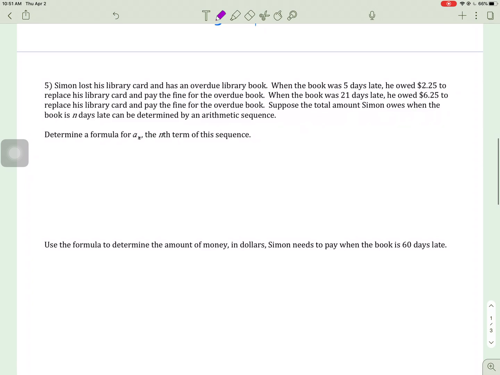Last one. Simon lost his library card and has an overdue library book. When the book was 5 days late, he owed $2.25, and when his book was 21 days late, he owed $6.25. Okay, so it says determine a formula for the nth term in the sequence. Well, let's see. So a sub 5 was 2.25, and a sub 21 all the way down here was 6.25.